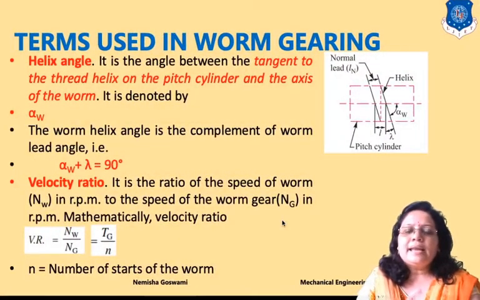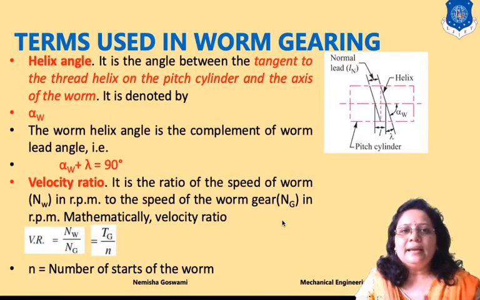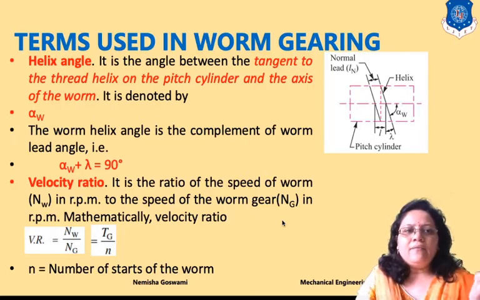Next is your helix angle. What is the helix angle? It is the angle between the tangent to the thread helix on the pitch cylinder and the axis of the worm. Here alpha W is the helix angle.